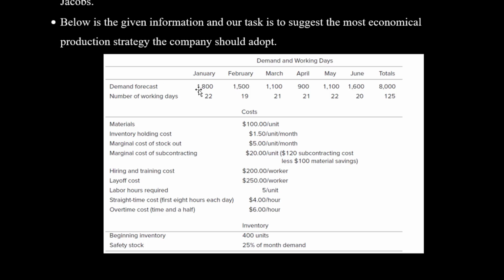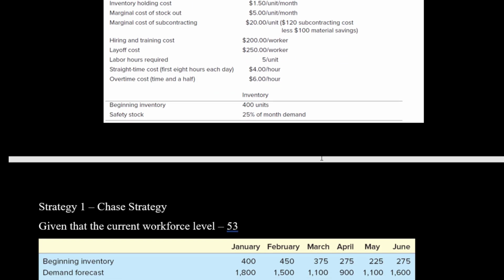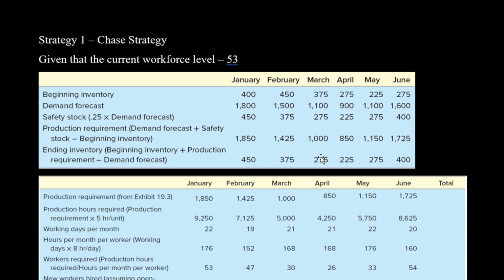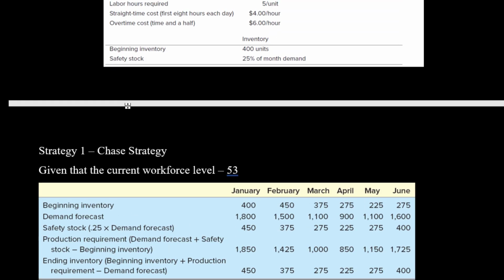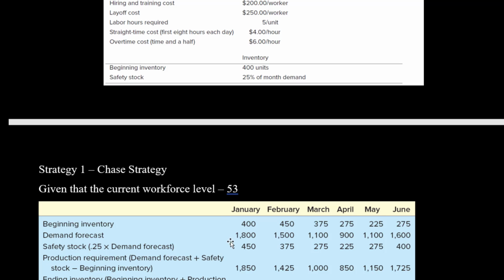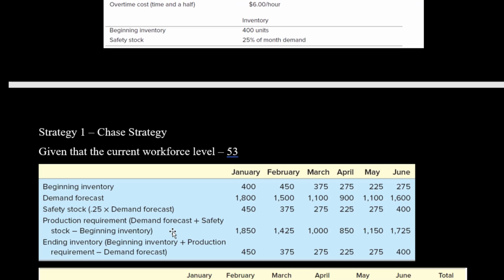The demand is 1800 for January. Let us just concentrate on January and do all the calculations, and then we will move to the next month. The safety stock is 25% of the monthly demand, that is 25% of 1800, which is 450.